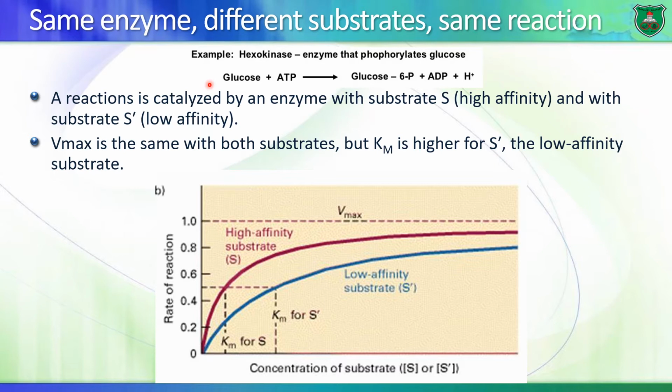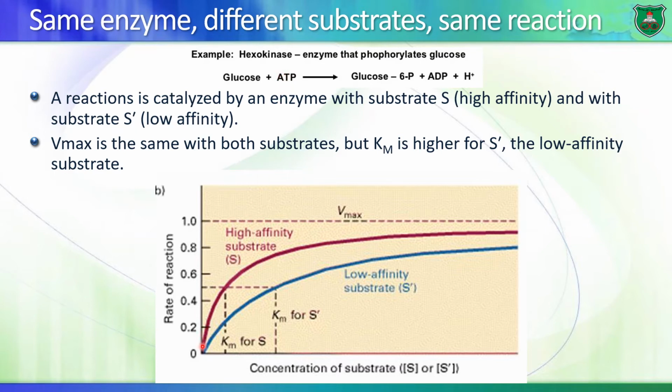Now the thing is, for this reaction, Vmax of hexokinase is constant. It's the same. So let's say that we have very high concentration of glucose and we have a range of concentrations of ATP from low to high.